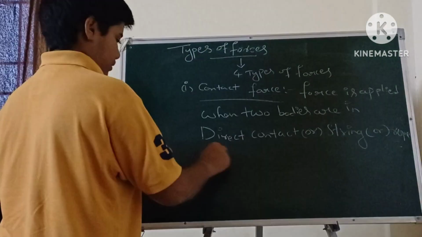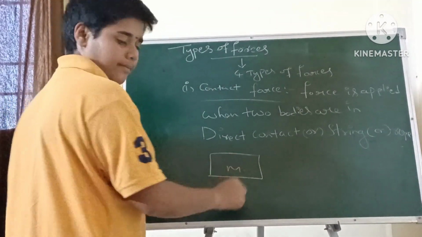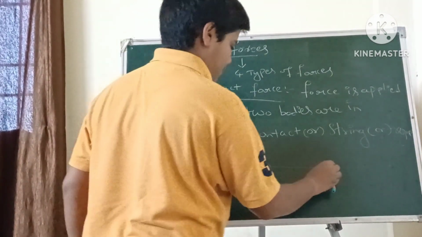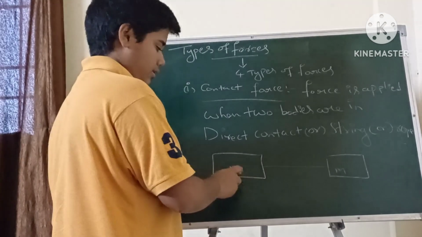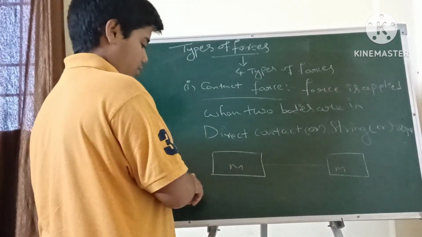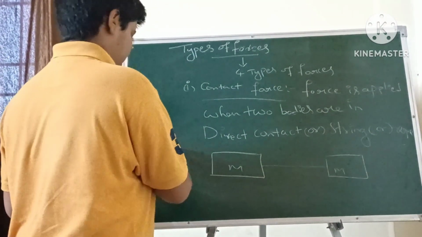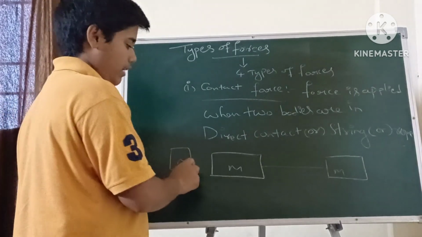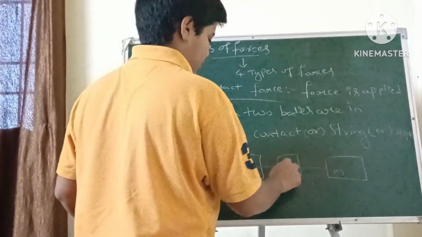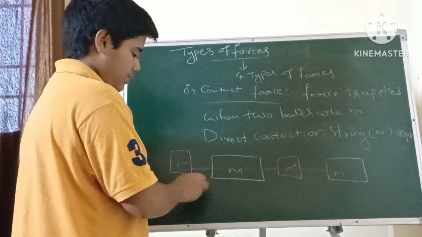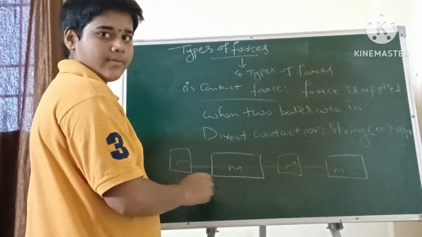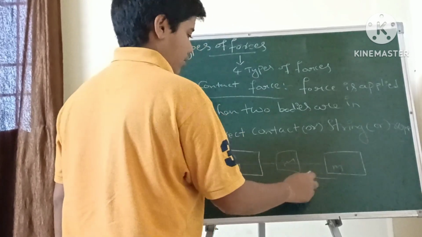So if I take this as one body and tied with a rope, this is another body. This body goes some distance to this side and the other body also gets displaced. So it applies some force to displace some distance.